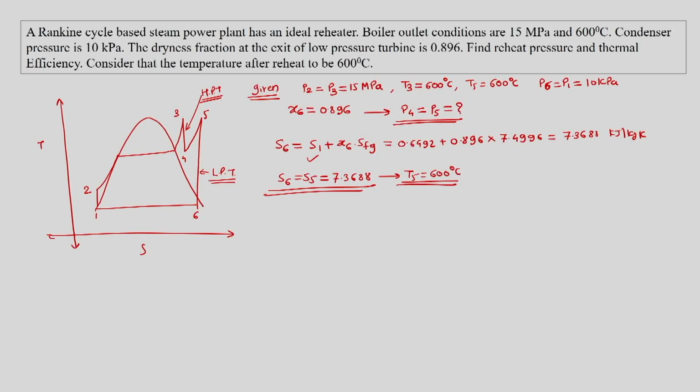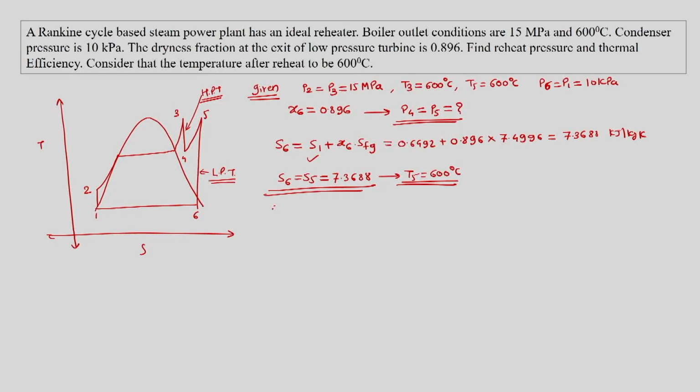So basically here we can go into the superheated part of the steam table, see 600 degree Celsius corresponding to different pressures, and find out a pressure corresponding to temperature 600 degree Celsius which would have entropy 7.3688. So that pressure becomes the pressure P5.